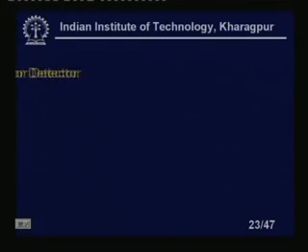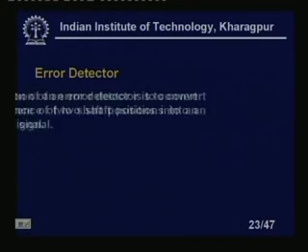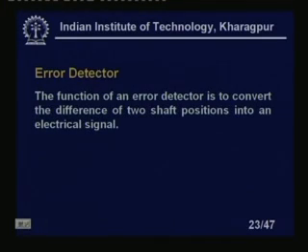Okay. Now, the output voltage I get from the stator of the control transformer will depend on the position mismatch of the transmitter and the control transformer. Clear? The function of an error detector is to convert the difference of two shaft positions into an electrical signal.